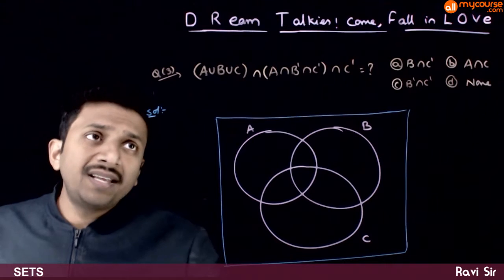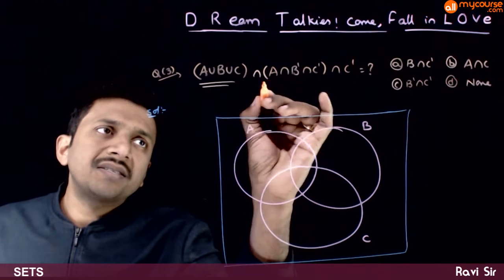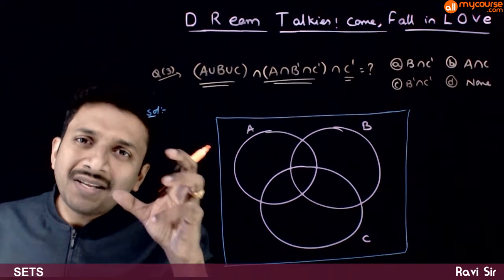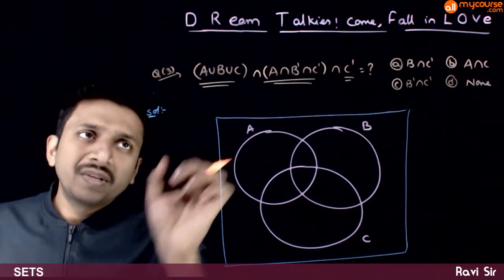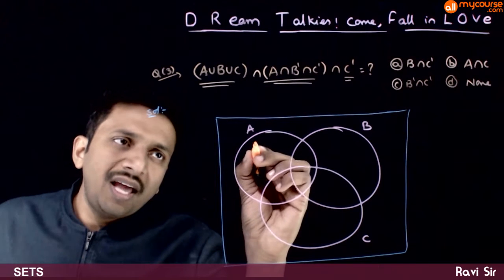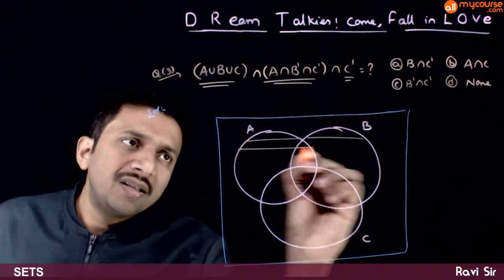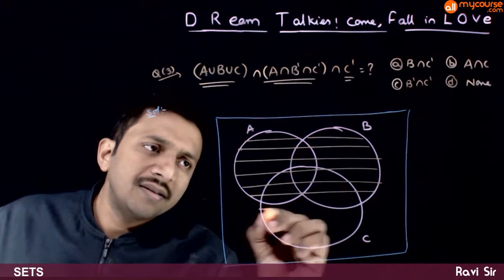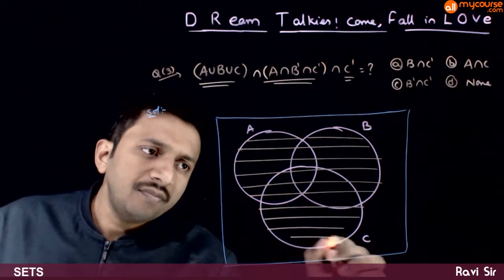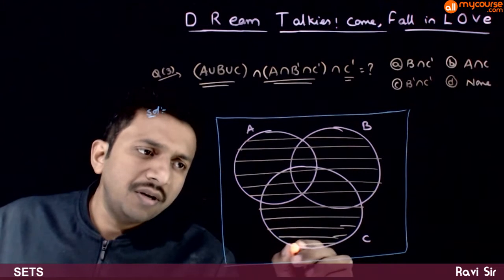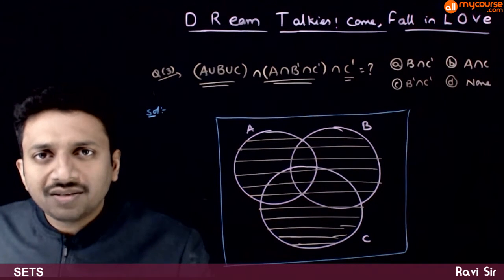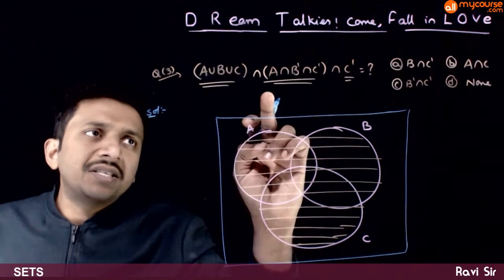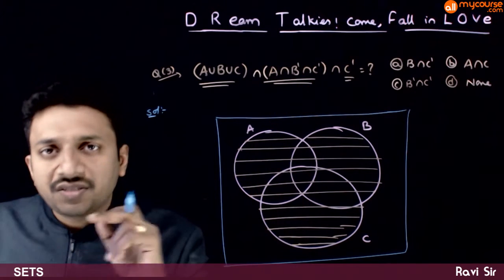So you're asked to find the intersection of 3 different sets. So let us try to shade all these 3 sets and find the common checked portion. So what is A union B union C? A union B union C is the region corresponding to all A, B and C. So this is your A union B union C. Next, let us go for A intersection B complement intersection C complement.